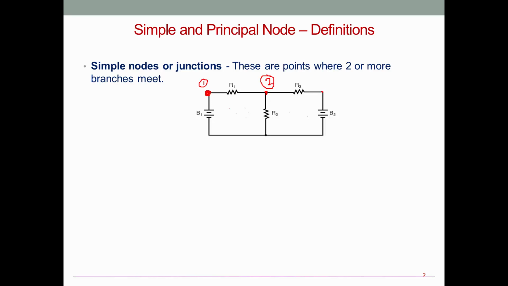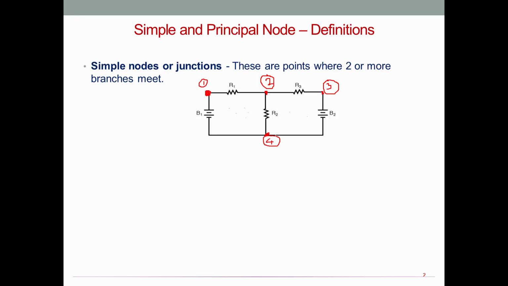I can say this is also a node where one resistive branch and one voltage source meeting together. And finally, I can also call this point as a simple node point where three different branches meeting together. So these four nodes are called as simple nodes.